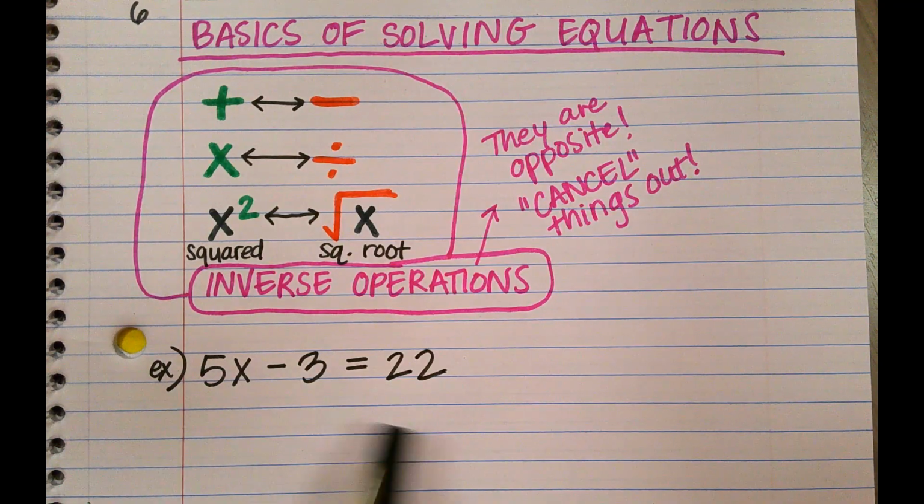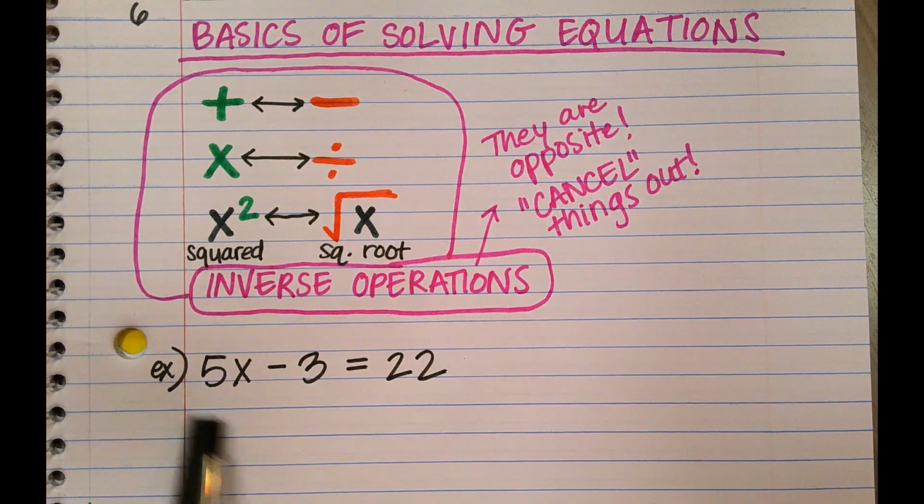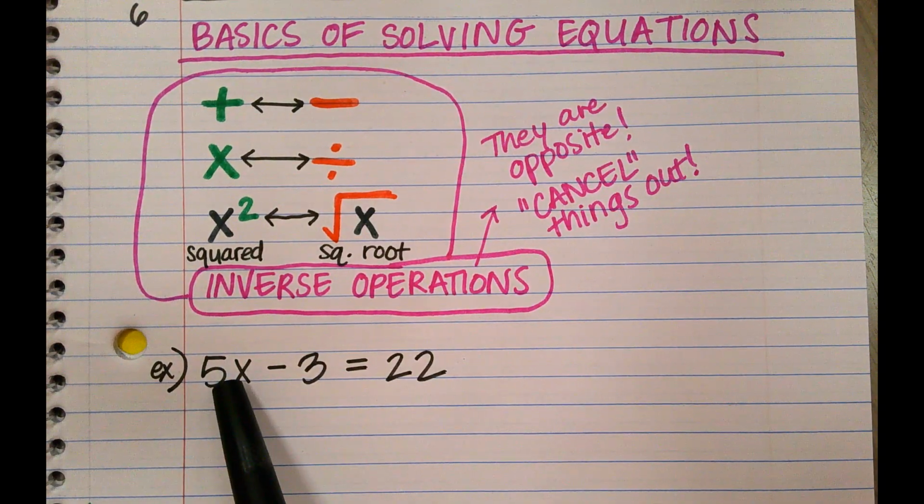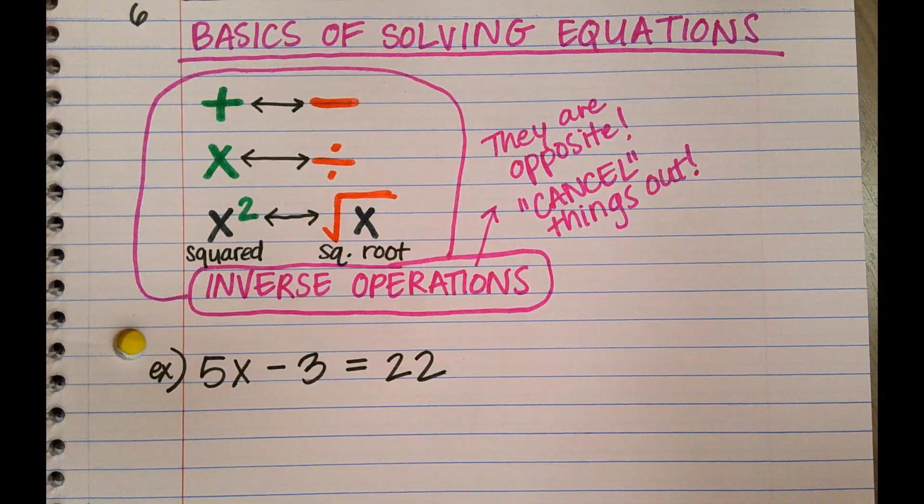So this is an equation. I have 5x, which, what operation is happening between the 5 and the x? Does anybody know? Yes. Multiply. That means 5 times x. So 5 times some number that we don't know, minus 3, equals 22.